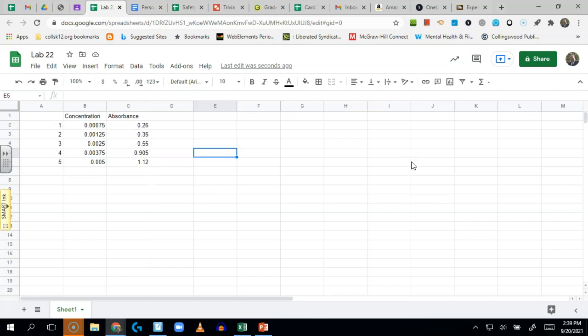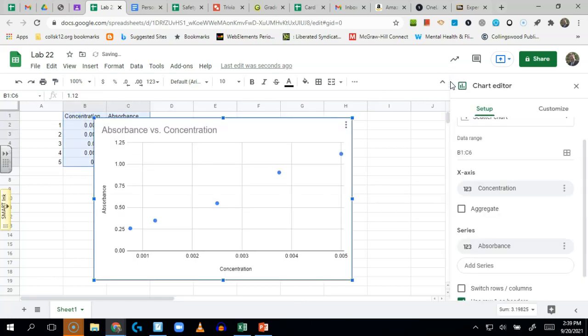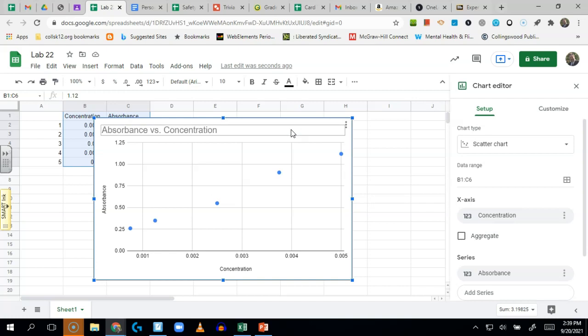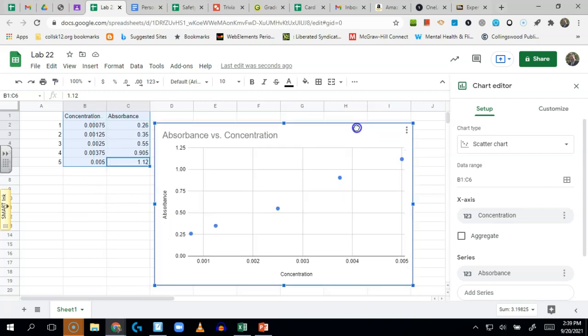What you're going to do in your graphing utility is highlight the data, and then make a chart. The chart you're going to make is a scatter graph. I'm using Google to come up with the scatter chart.